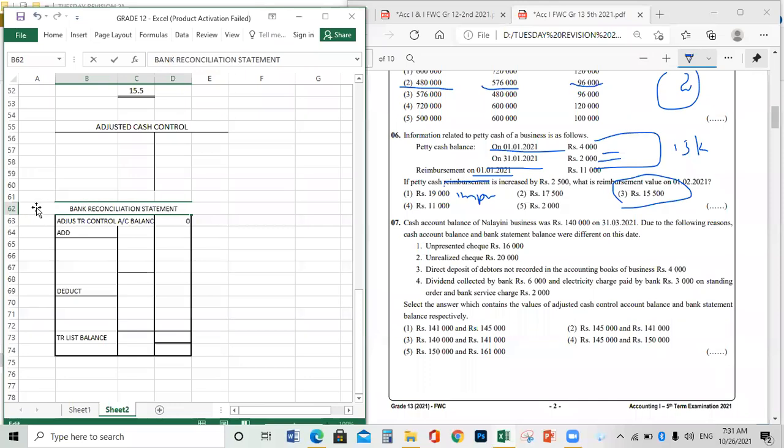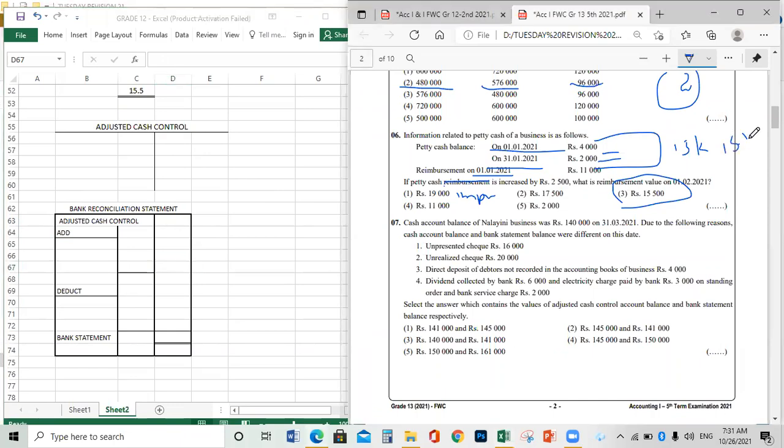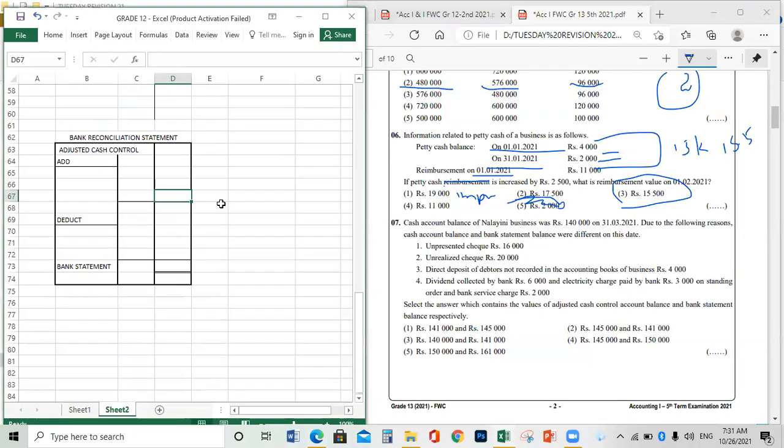Guys, for your part 1 question, don't waste your time drawing formats very beautifully. There are no marks for your drawing formats in part 1. Marks are only for getting the final answer. So make sure you don't waste time. Do it as fast as possible. No matter if you show the workings in your answer script, you're not going to get marks for the workings. For example, let's say in the workings you have found 15,500, but by mistake you click the answer as 2,000, you won't get any marks for the working.